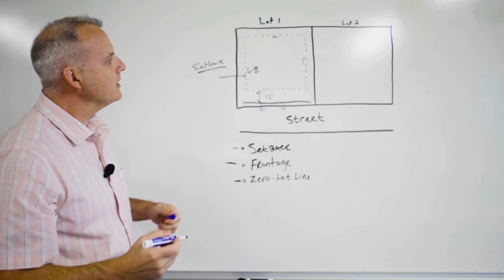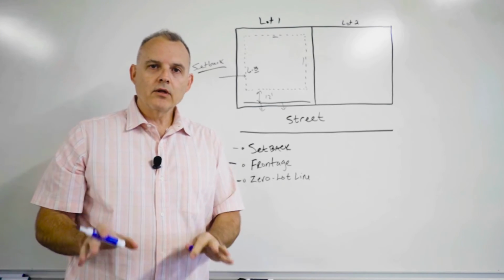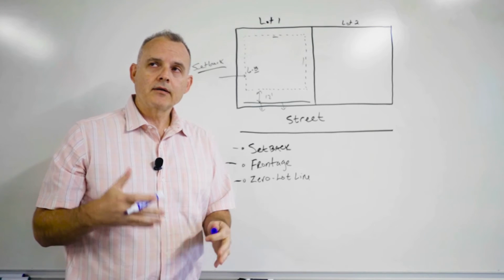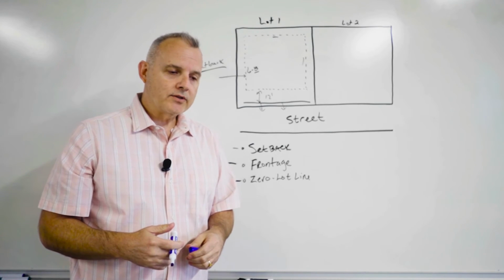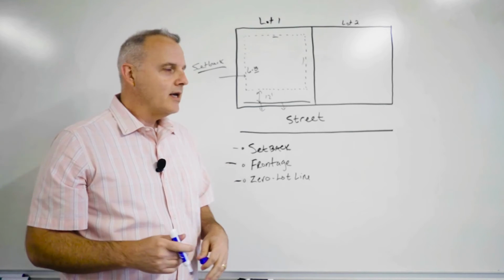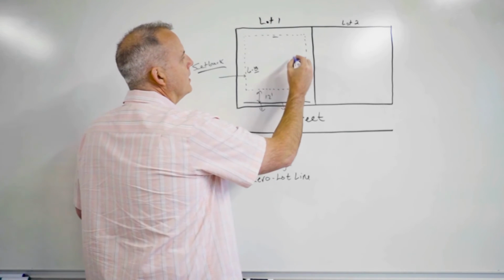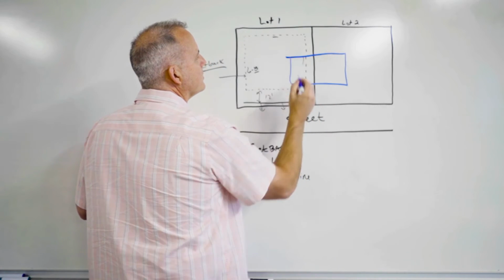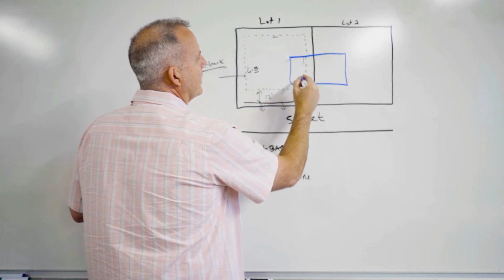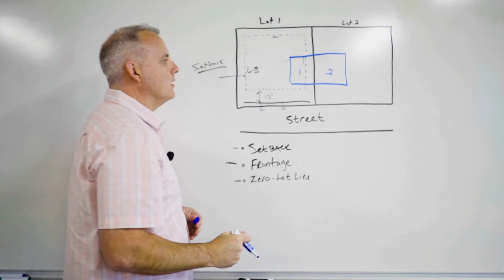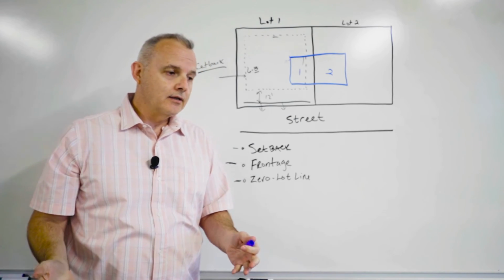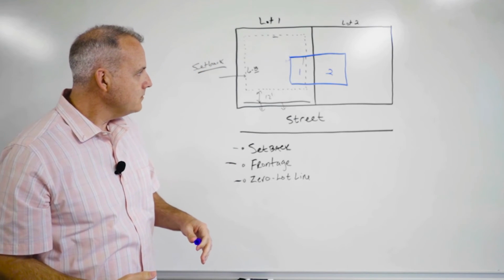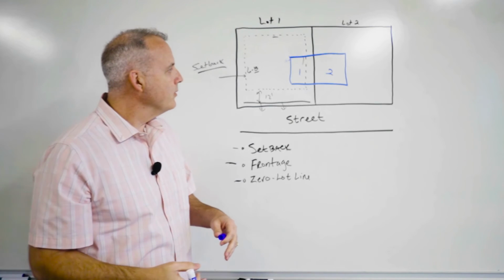So let's say that on a zero lot line, in fact, the house that I lived in when I was stationed in Alaska was a zero lot line dwelling. So you have what looks like a duplex, unit 1, unit 2, but it is actually like a townhome, for example. I lived in a townhome when I was in Alaska.